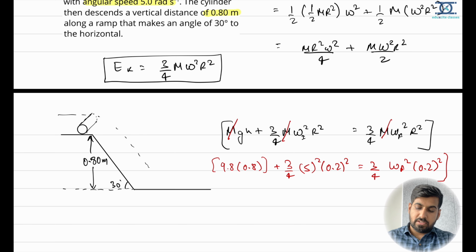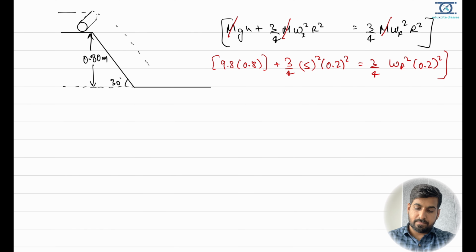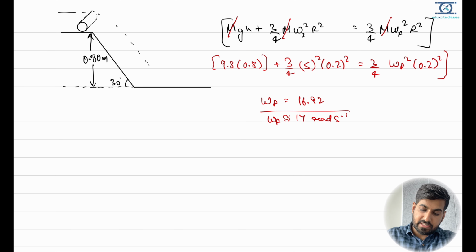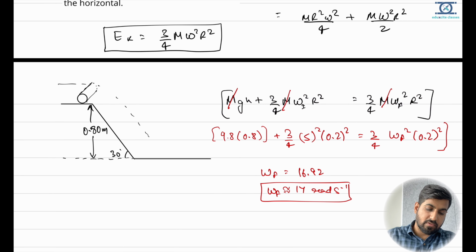Now when you solve this, do it in your calculator, you will get something around omega f, as I have already done the calculation, 16.92, or you can say the omega final is 17 radian per second. So this is your answer for B part.